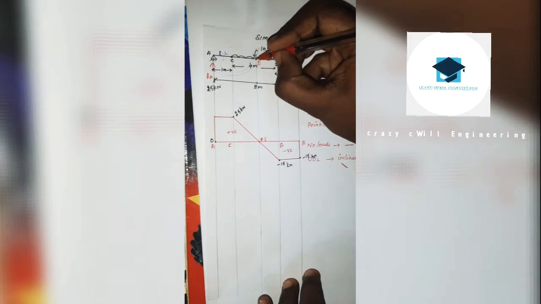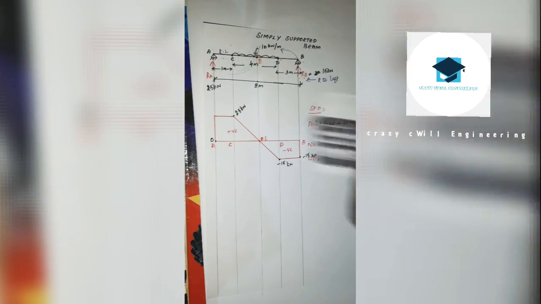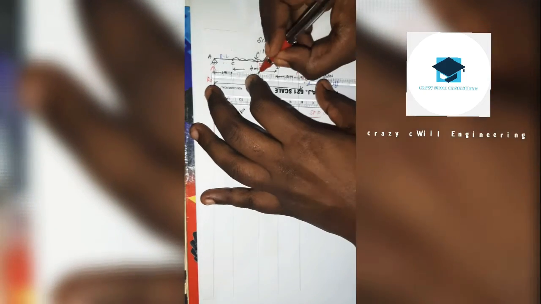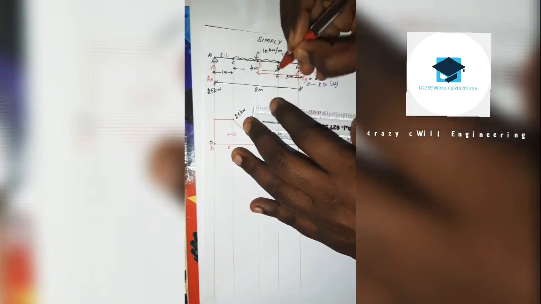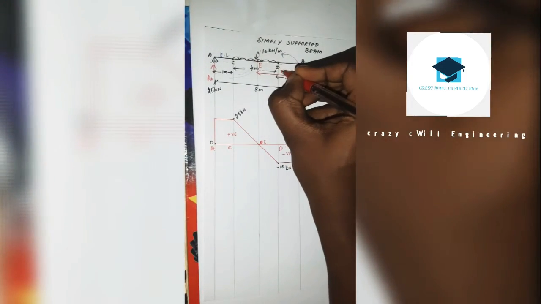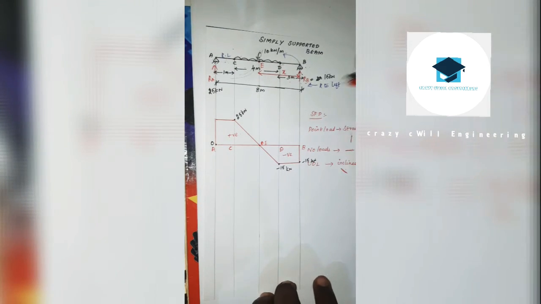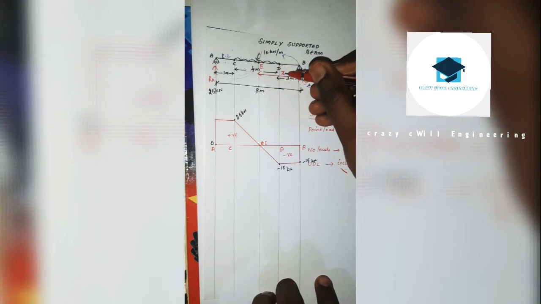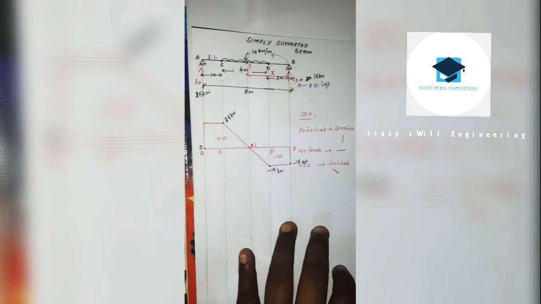So write it as E. And we have to find this distance. Write it as x distance. This distance becomes x. What is the value of this x? So we have to find this x distance.